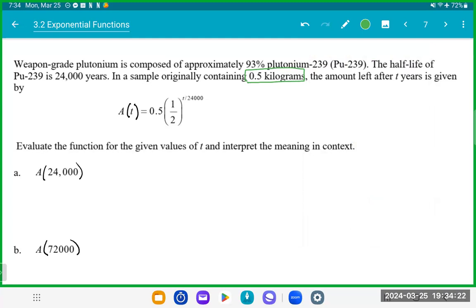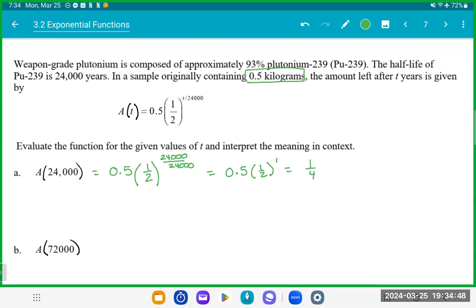Okay. And so that would just be my 0.5, my half-life, 24,000 years divided by the 24,000 years, because that is its half-life. That is going to give me 0.5 times 1/2 times 1, which is 1/4.